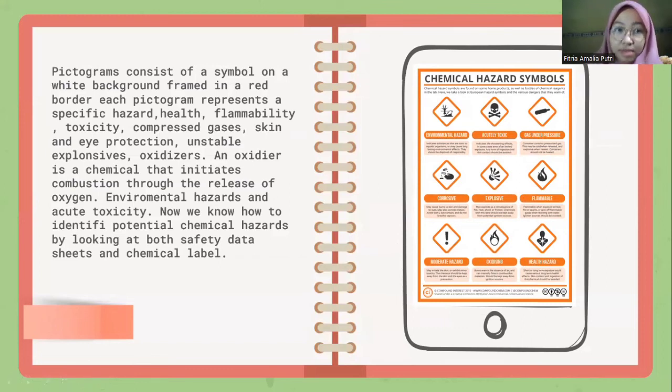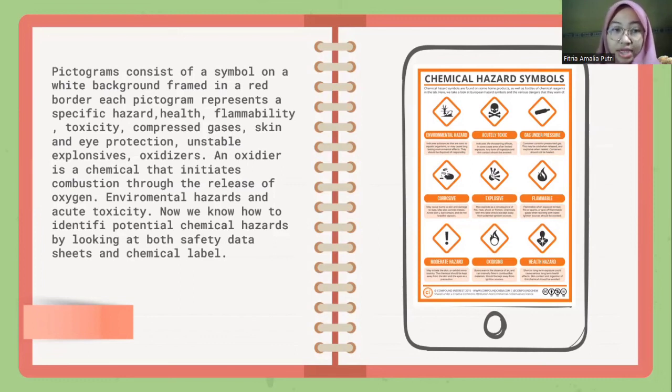These pictograms consist of a symbol on a white background framed in a red border. Each pictogram represents a specific hazard: health, flammability, toxicity, compressed gases, skin and eye protection, unstable explosives, and oxidizers. An oxidizer is a chemical that initiates combustion through the release of oxygen.